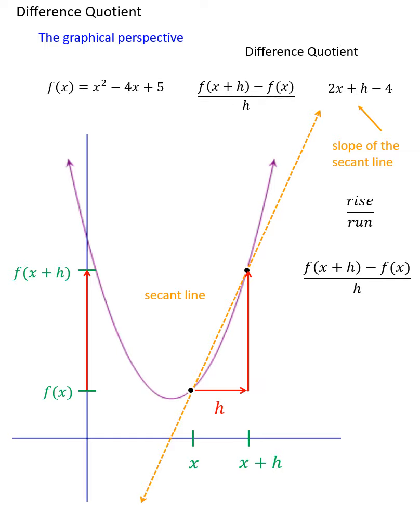And if you're not totally sure why, or got somehow misled in the details there, don't stress that, but it's nice to know where this formula for the difference quotient came from. At the end of the day, if your professor asks you to find the difference quotient and you don't know where the formula came from, you can still use it. No problem. But why do we care about the slope of the secant line?